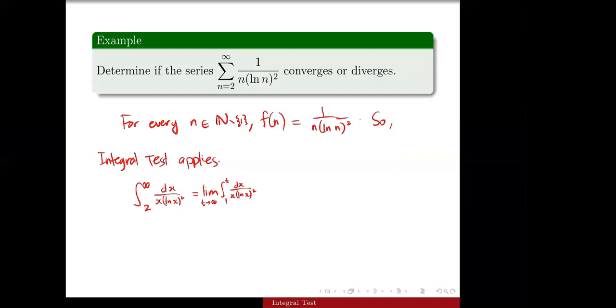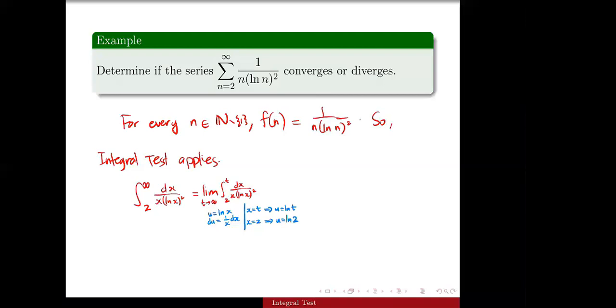Here we can just use substitution. u equals ln of x, du equals 1 over x dx. x equals t implies u equals ln of t. x equals 2 implies u equals ln of 2.